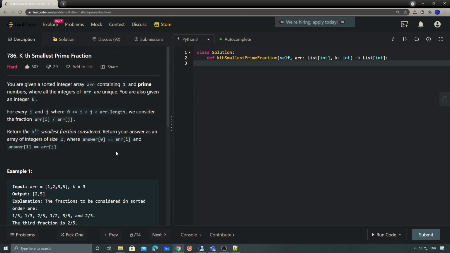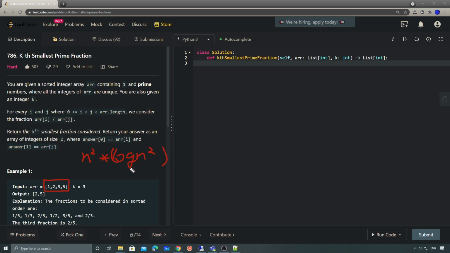The brute force way, of course, is to get all the fractions among this array. That would be n square time complexity. And then for all those n square fractions, we do a sort, which is n square times log n square.